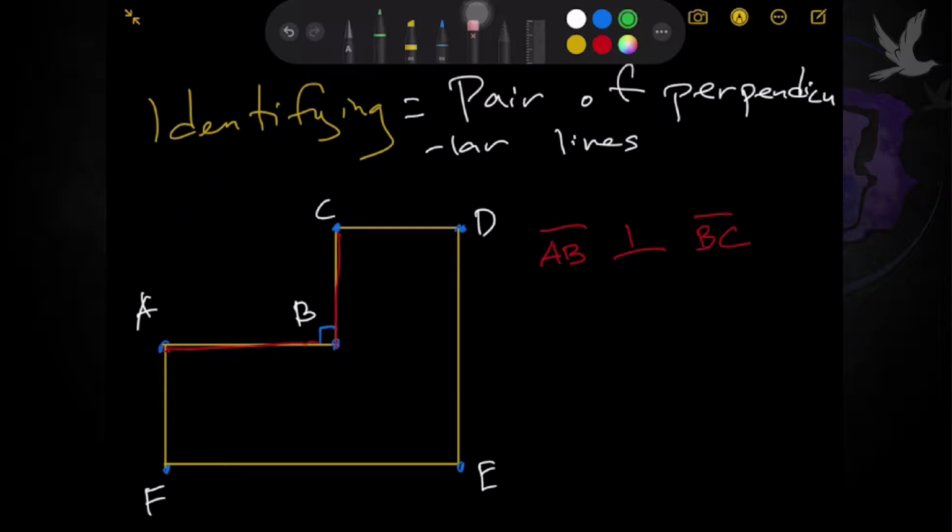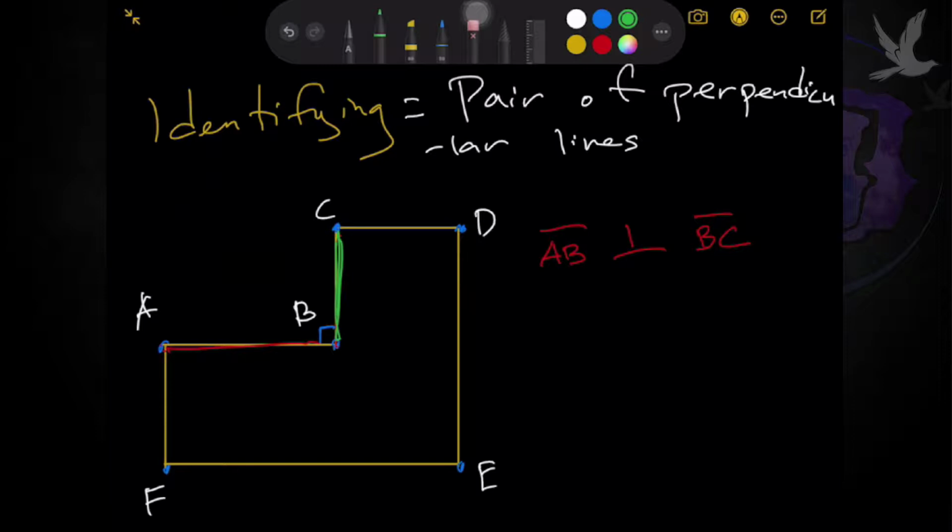Finding another one, we have line BC again. You can make use of the same line as long as you will not make use of the same pair. For example, AB and BC have been used, so you will not be able to make use of BC and then AB again.